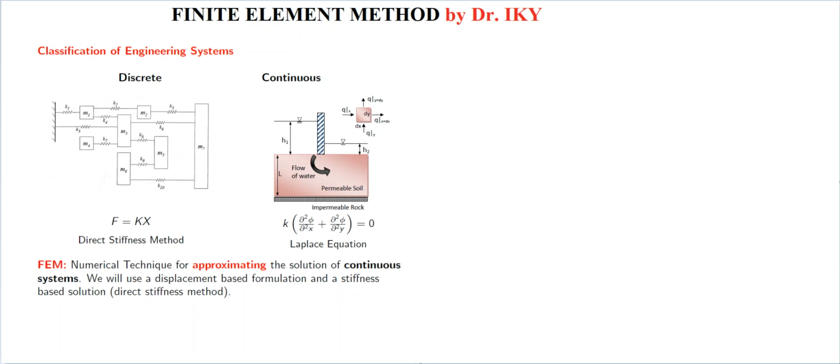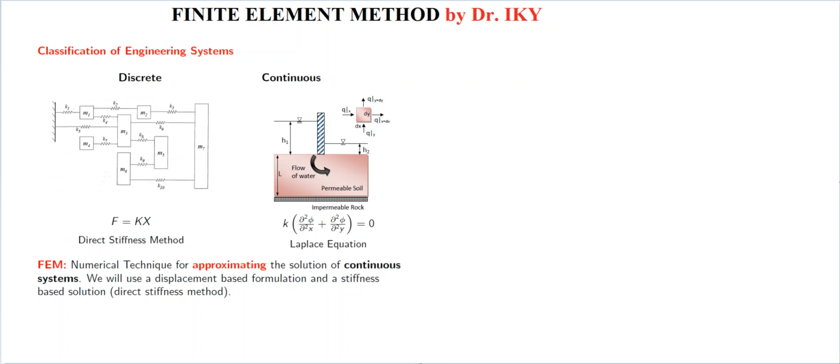Now I'm going to tell the differences between the discrete and continuous systems, considering the spring equations and Laplace equation. If we look at the figure on the left hand side, I'm talking about the discrete system. We have serial and parallel connected spring members and some masses controlling the system.